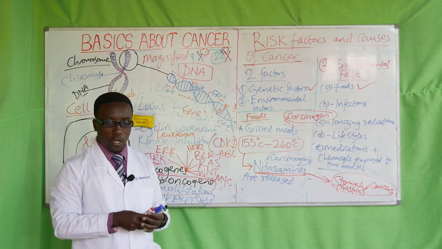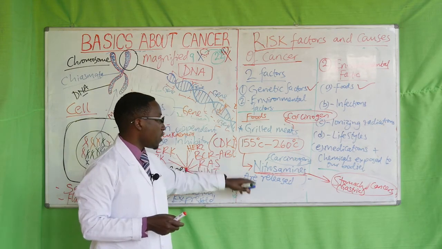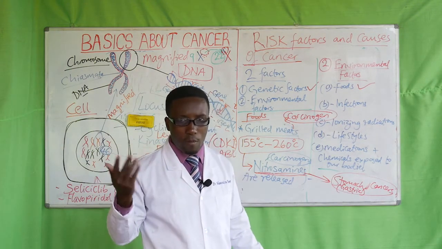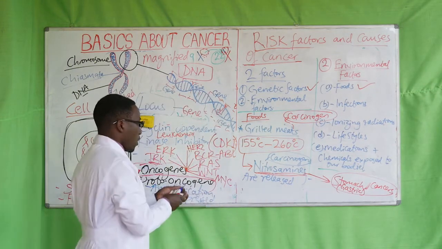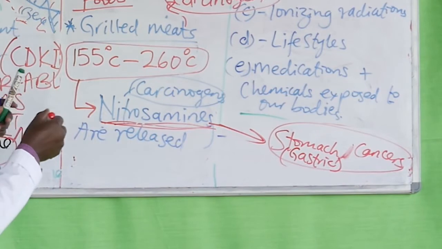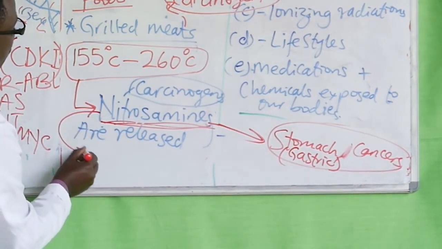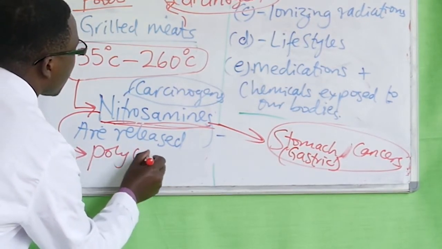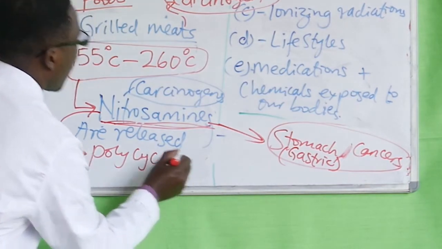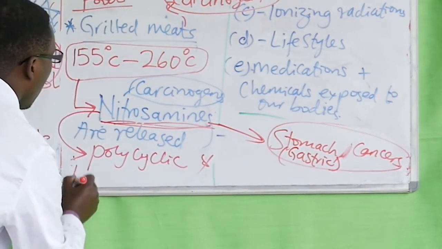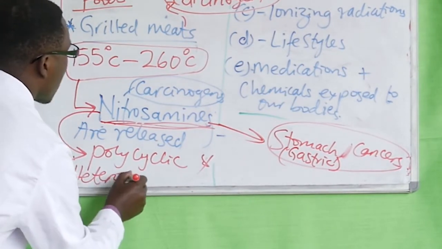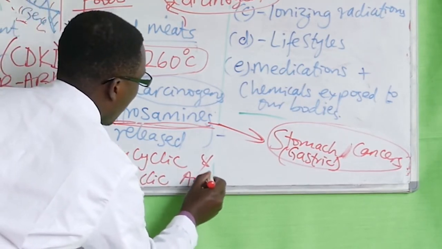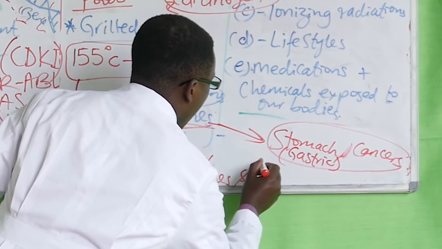I also need to let you know at this point that these nitrosamines are in the family of compounds called polycyclic and heterocyclic amines and hydrocarbons.